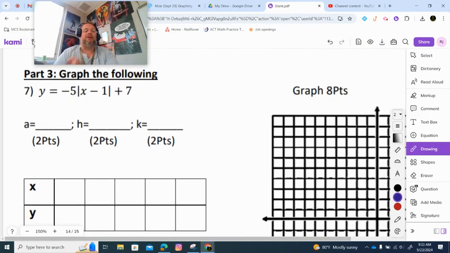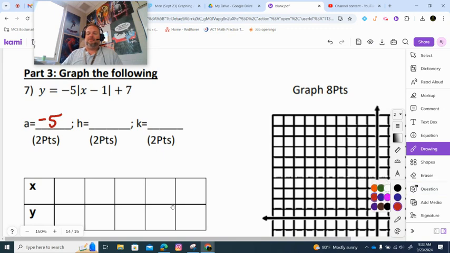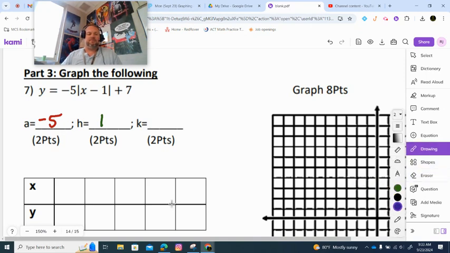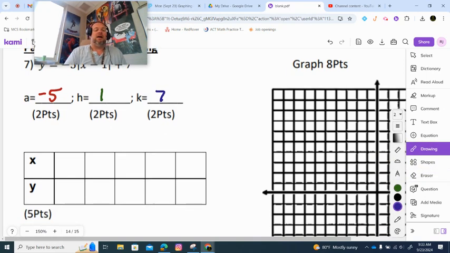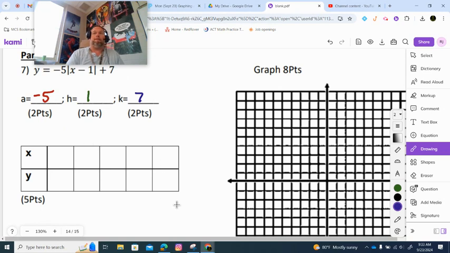All right, part three. Oh, wow. You mean to tell me, Mr. Jeffries, that we actually get 2 points each for filling in the A, H, and K? And we actually get 5 points for completing this whole chart.